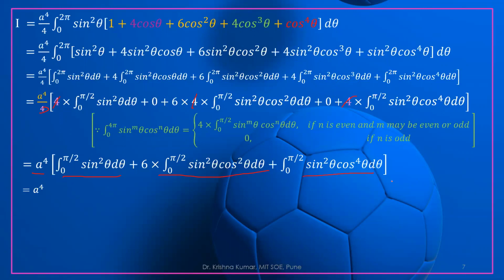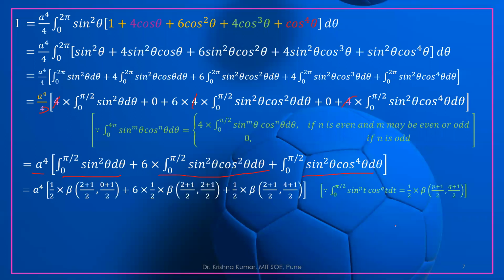Now we again use the formula. We know that this is the formula for that: beta of p plus 1 by 2, q plus 1 by 2, times 1 by 2. So 1 by 2, this is 2 plus 1, cosine power is 0, so 0 plus 1. So beta of 2 plus 1 by 2, 0 plus 1 by 2, and 6 into 1 by 2 into beta of 2 plus 1 by 2, 2 plus 1 by 2.